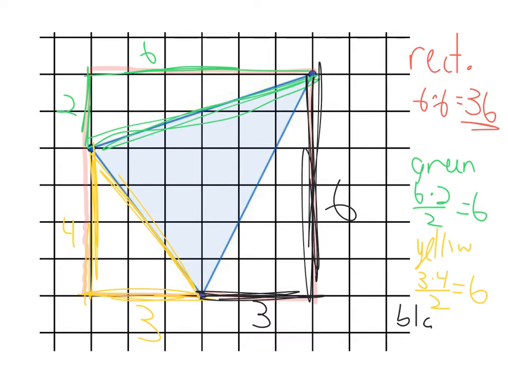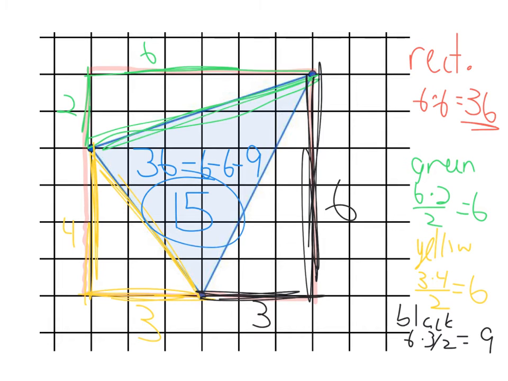So that's black. 6 times 3 divided by 2, which is 18 divided by 2, which is 9. So that means that the blue is going to be 36 minus 6 minus 6 minus 9. So 36 minus 12 is 24, minus 9 more is 15 would be my answer for the triangle.